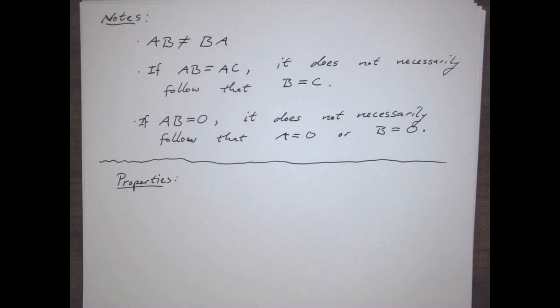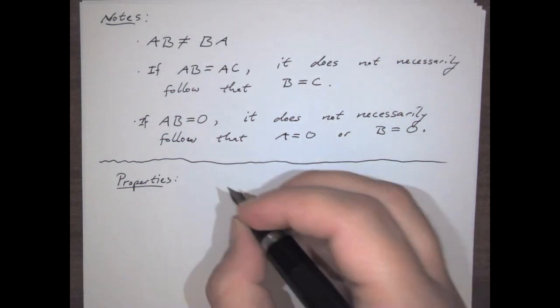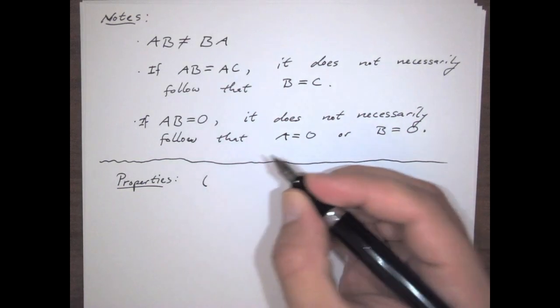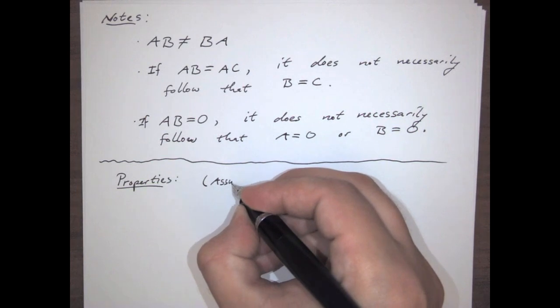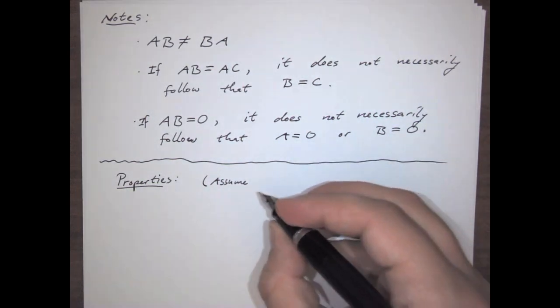However, there are certain properties that do carry over. The reason we call it multiplication is because it does have some of the other properties that multiplication has for numbers. So here are some properties. And for these, assume the sizes are compatible. Assume compatible sizes.